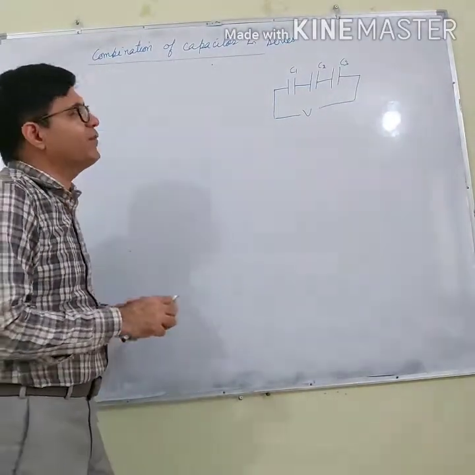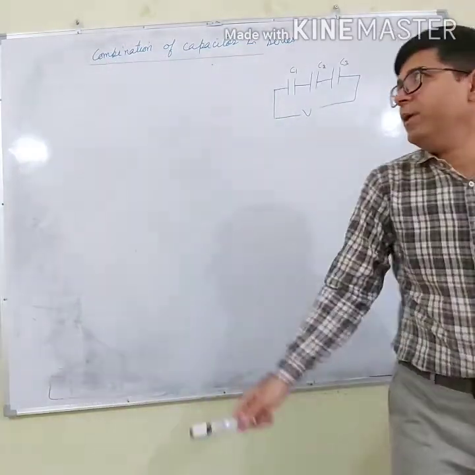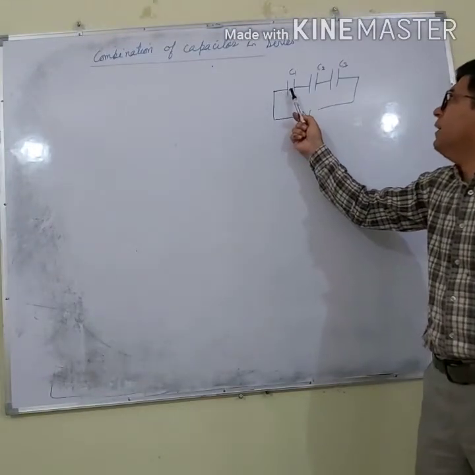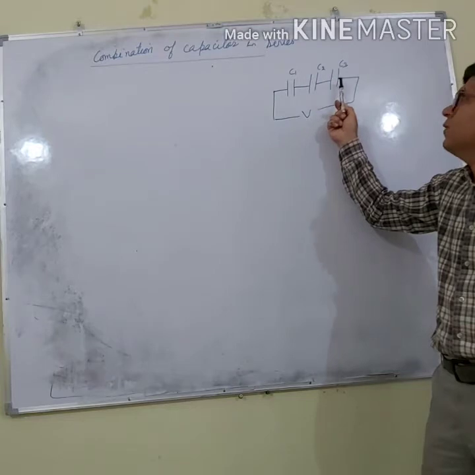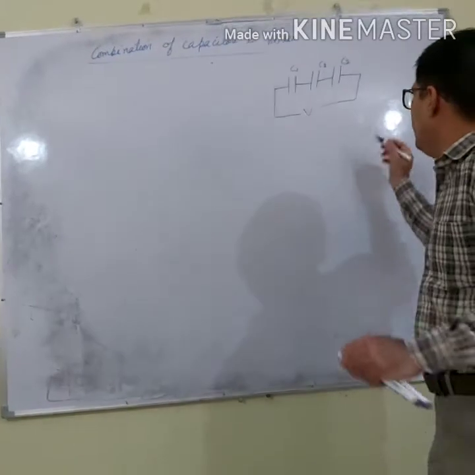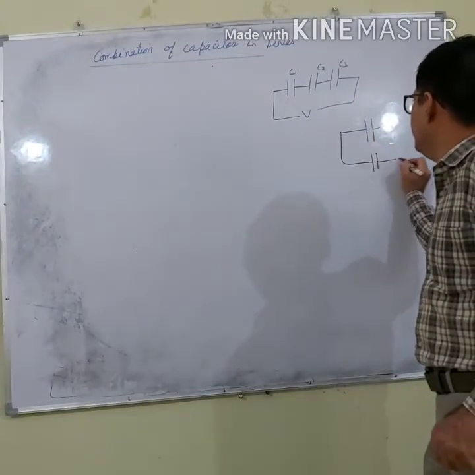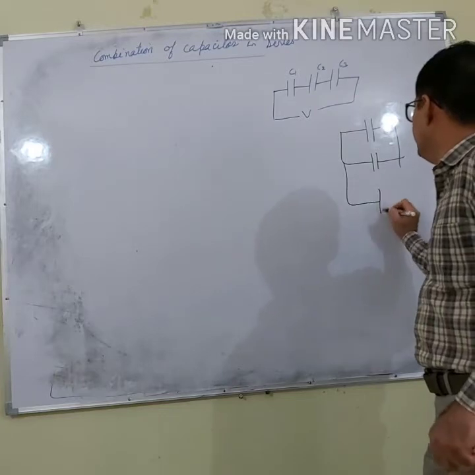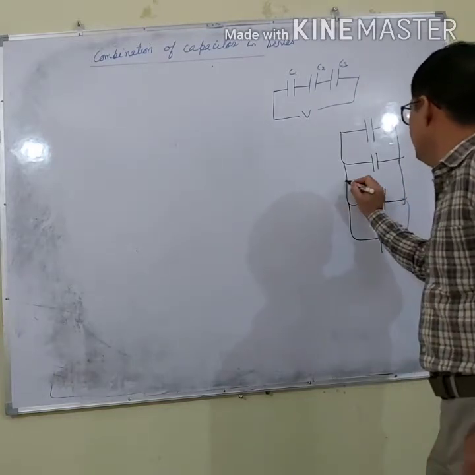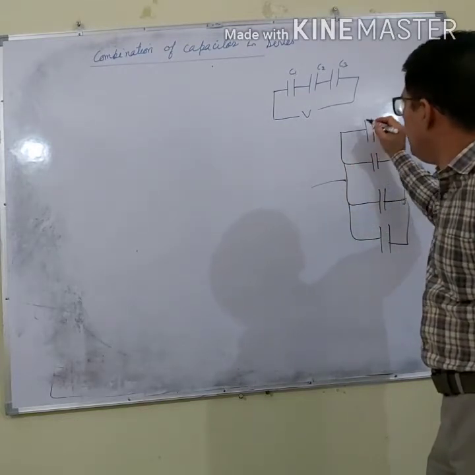Okay, let me first define series combination. Listen, series combination is the combination in which there is a single path for the flow of charge. In earlier cases, if this is one capacitor, this is another, this is the third and this is the fourth, how many paths are there for the flow of charge?